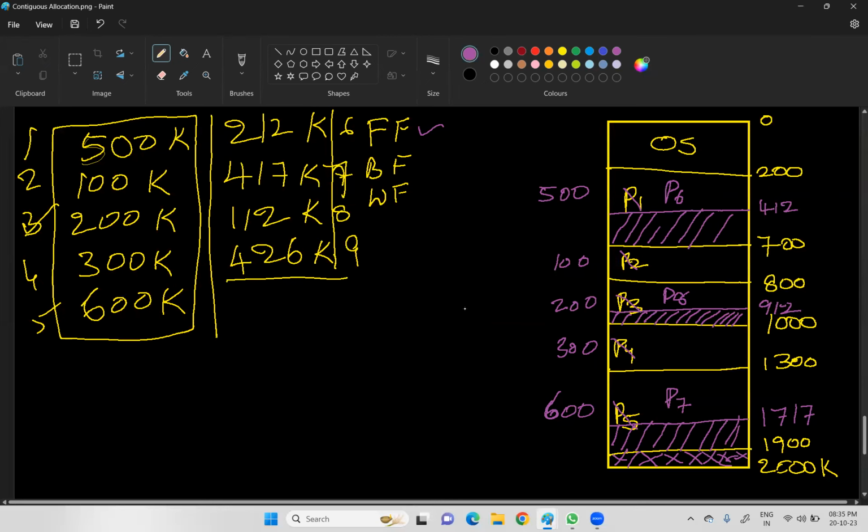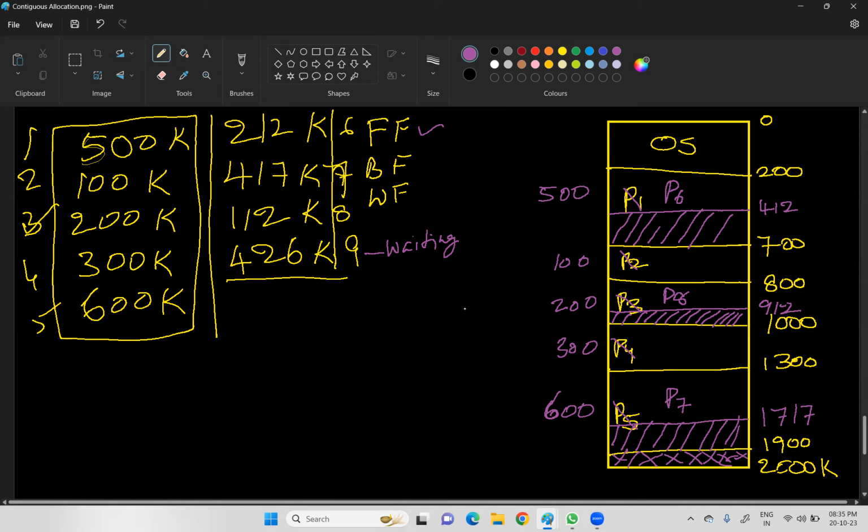Now, moving forward, process 9 does not have any space. So this process is put on the waiting list as far as first fit is concerned. This is the allocation which is being done.